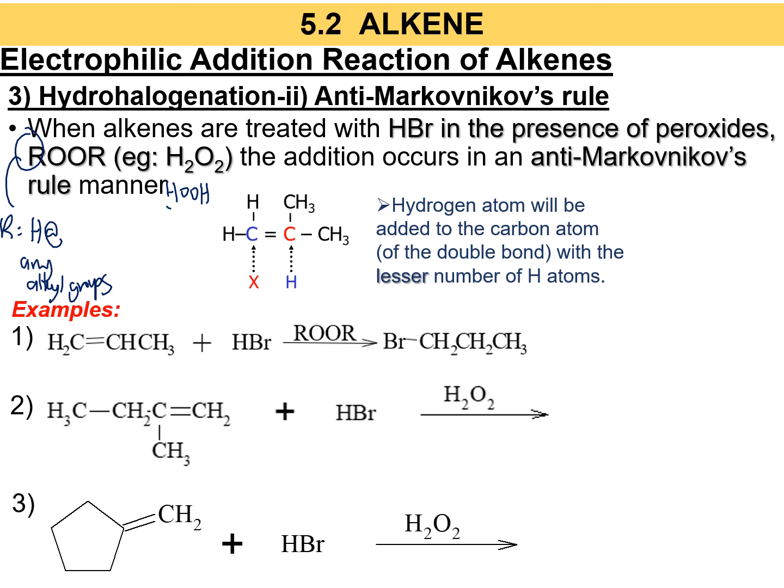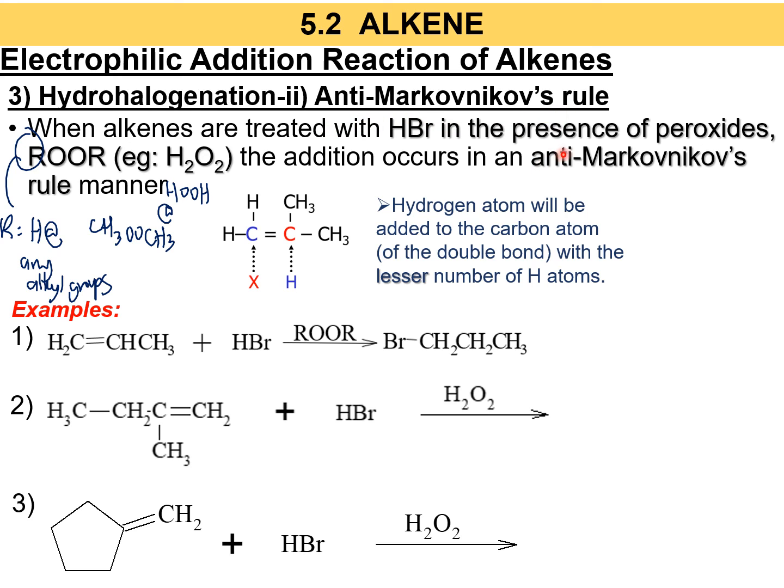Or CH3OOCH3, this one can also be a peroxide. Okay, as long as its general formula is ROOR. Therefore it is actually hydrohalogenation that is not following Markovnikov's rule.